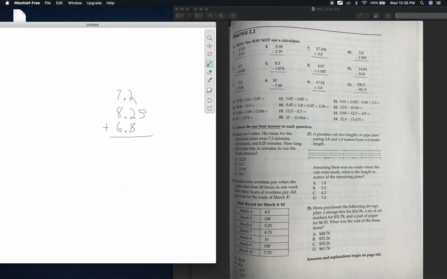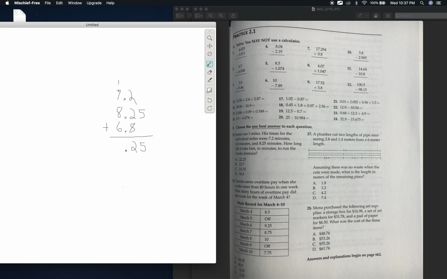So 5 plus nothing is 5. 2 plus 2 is 4, plus 8 is 12. Carry the 1, put the 2 here. As soon as we get to the decimal place, put a decimal. This will be easy. I'd like to add the 1 to the 6 to make it a 7.